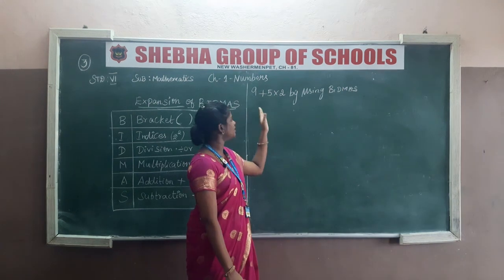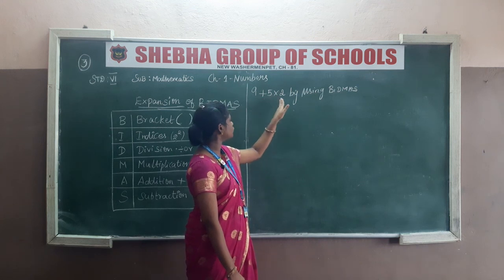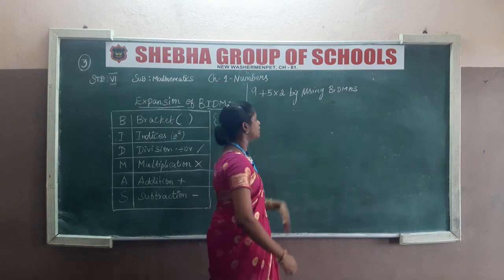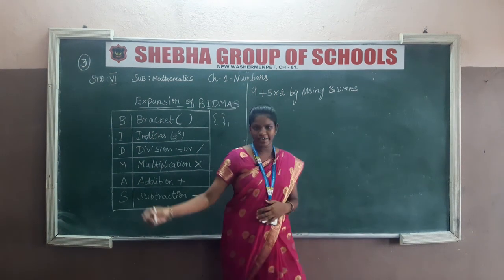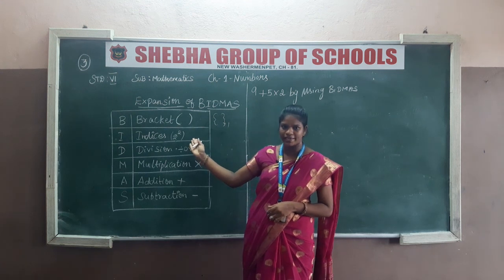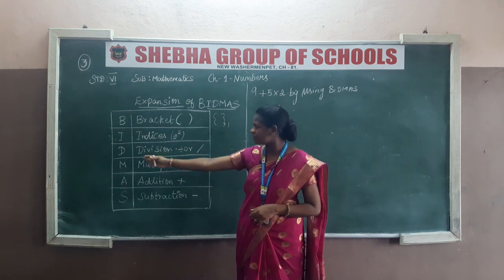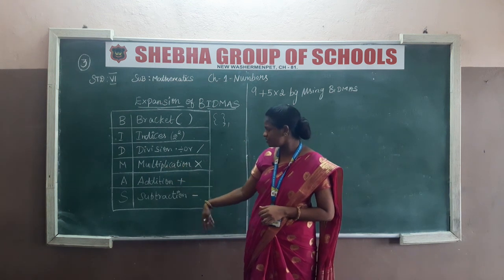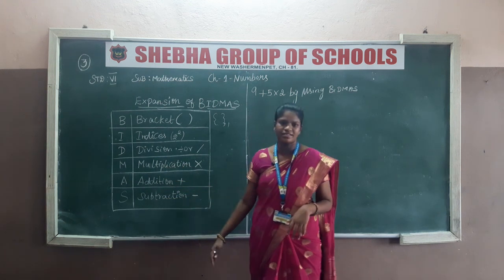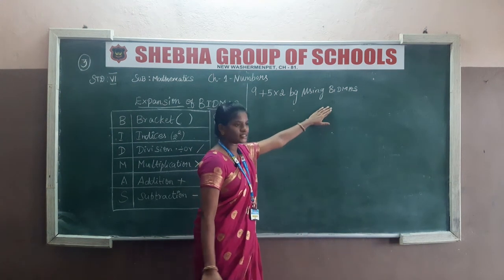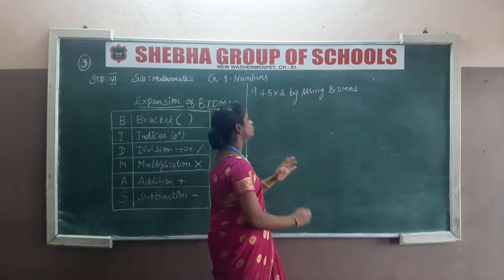The question is 9 plus 5 into 2 using the BIDMAS method. Okay, BIDMAS: we know already B means bracket, indices means the power of any numbers, D means division, M means multiplication, A means addition and S means subtraction.